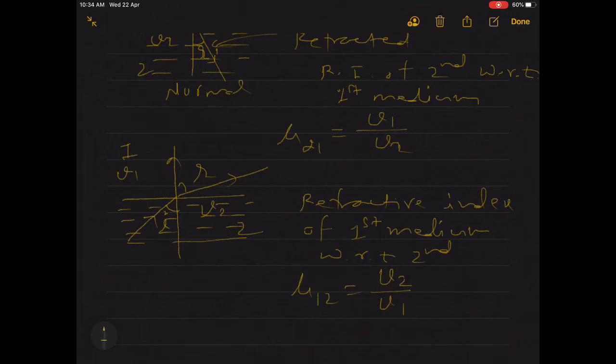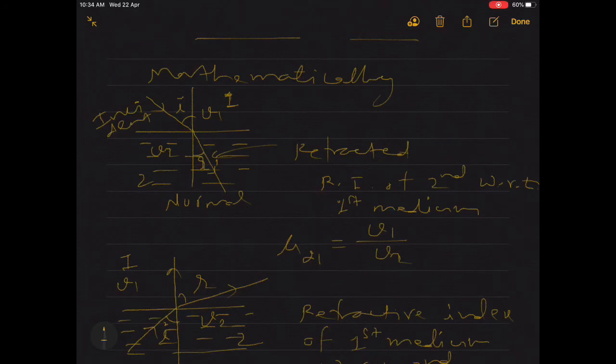So I hope you understood the concept of refractive index. It is the ratio of the speed of light in the medium from which the ray is entering to the speed of light in the medium to which the ray is entering. So when it enters from rarer to denser, the refractive index of the denser medium, which is the second medium here, is given by mu 21 is equal to V1 upon V2.